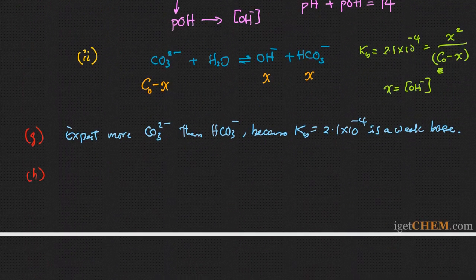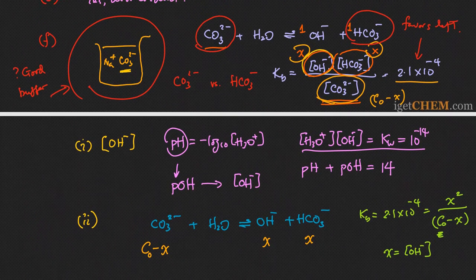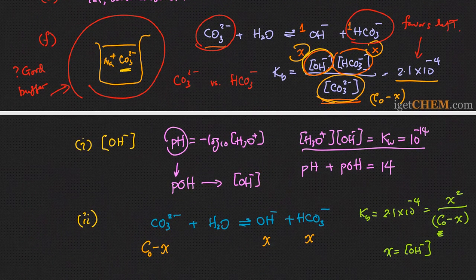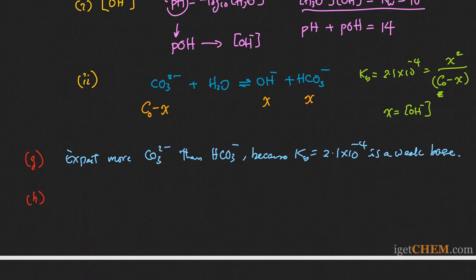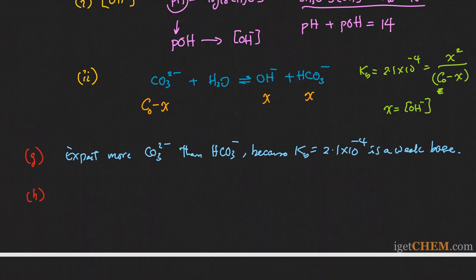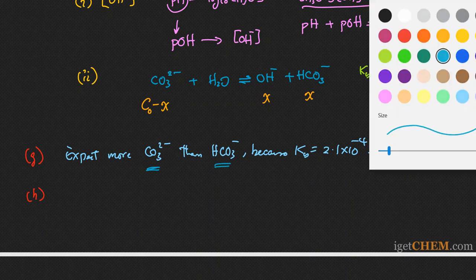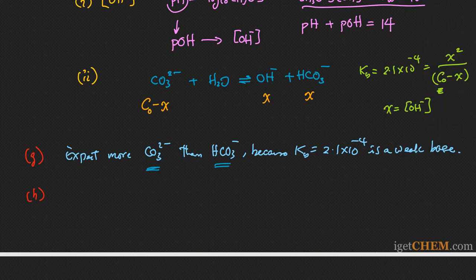So in this case, what you really want for a good buffer is not just a lot of the carbonate, but you also want a solution that has a lot of the hydrogen carbonate, the HCO3 minus, at the same time. So our answer to part G already tells us that this solution is very lopsided. There's a lot of the CO3 minus, but very little HCO3 minus. So based on that, this will not be a good buffer.